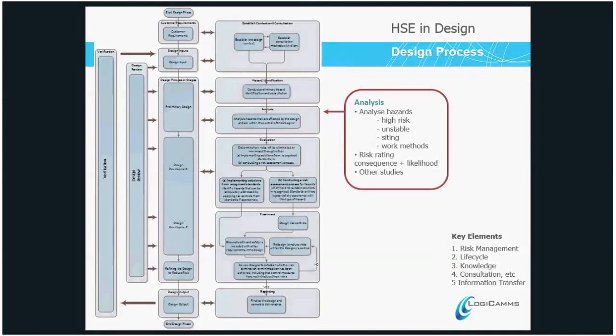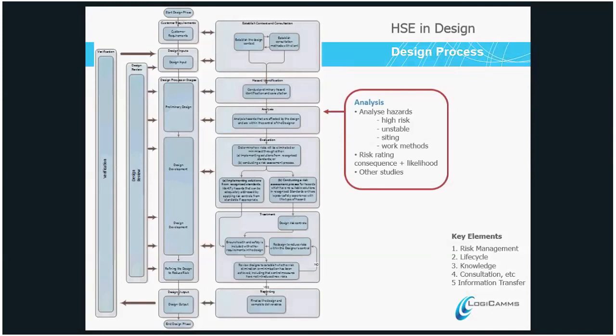After the identification of hazards, it's really going through the analysis then, analysing the hazards, whether they're high-risk hazards as identified in the regulations. Is anything unstable in the process that we're designing? Any siting issues, any work methods from operators or maintenance people that we need to consider? And then the risk rating, how are we going to do that? What's the consequence and likelihood, and are there any other studies?